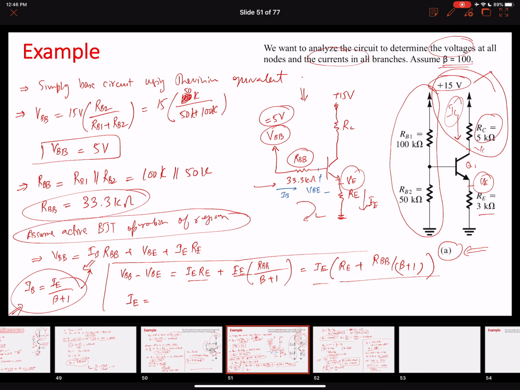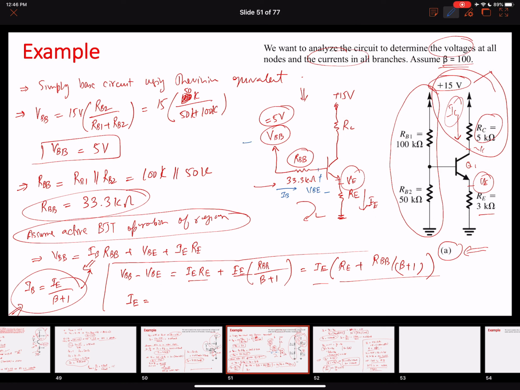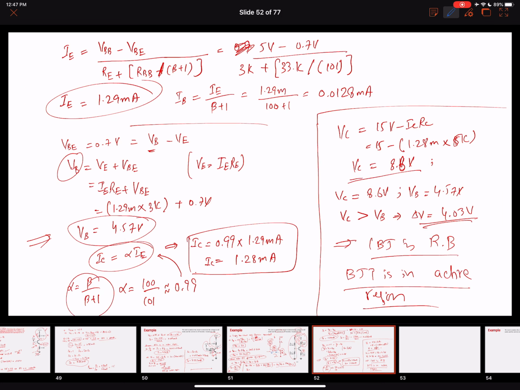So while solving this problem, the first thing that we did is we created this Thevenin equivalent, and we found this value of the VBB. We found the value of RBB. So once we found these values, then we calculated the values of emitter current, base voltage, collector current, collector voltage.